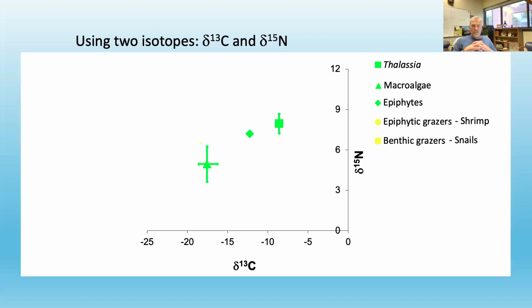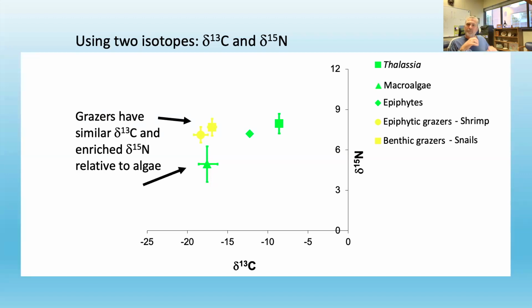let's use this example here. So if you look at a food web where you've got Thalassia, which is one of the types of seagrasses that we talked about previously. So this is our base organism. You have a lot of these other organisms in here. Grazers, so things like shrimp and snails, are going to have a relatively similar amount of carbon-13 and a slightly enriched amount of nitrogen-15, the ratios again, relative to the algae that they are consuming.